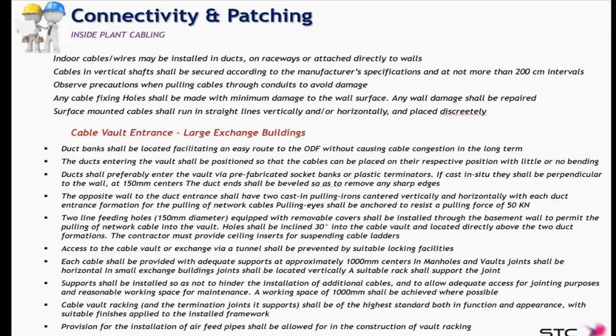Cable vaults are large chambers where the outside plant cables are spliced to the inside plant cables running deep inside the buildings. In some cases, we allow as well to keep using the outside plant cables inside, provided that we install corrugated indoor rated tubes protecting the cables.